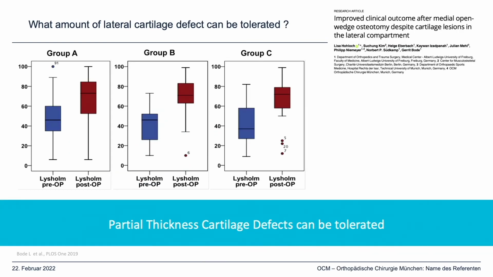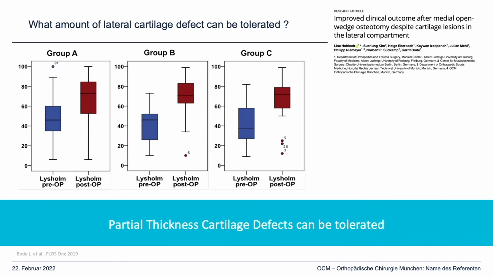There's a lack of data which deal with the lateral cartilage side in terms of high tibial osteotomy, and there are no data that demonstrate that full thickness cartilage defects might be a problem or might be tolerated.